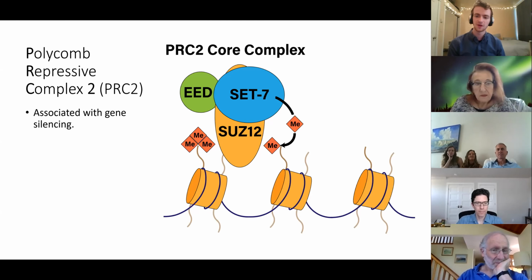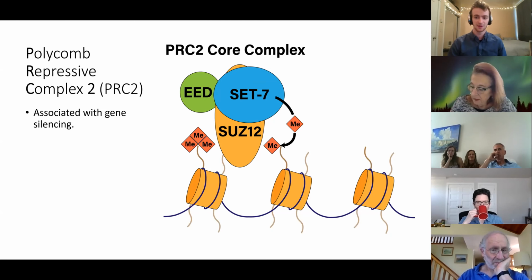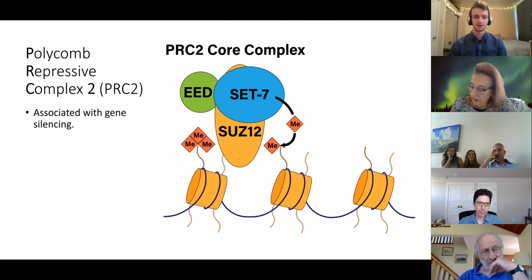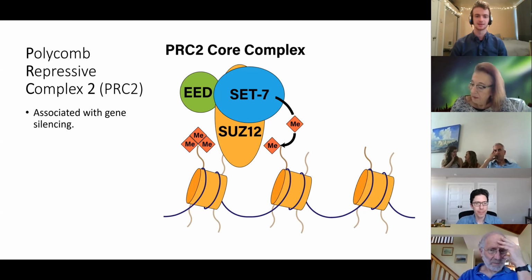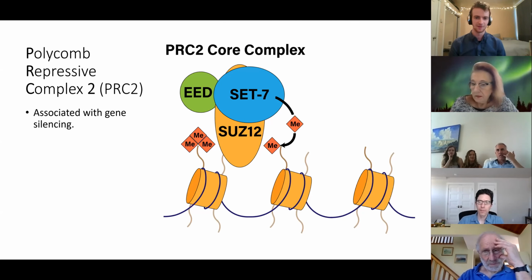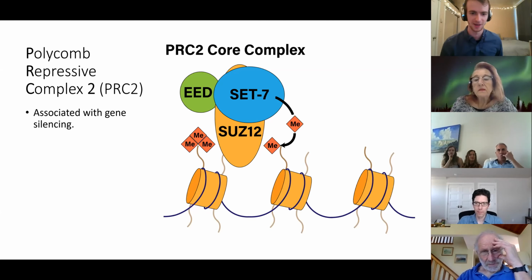It's associated with the deposition of methylation on lysine 27 of histone H3, which is one of those 8 histone subunits that make up the nucleosome. The catalytically active subunit is SET7 in Neurospora, or EZH1 as it is named in humans. As you can see in the image, it is putting methyl groups onto a histone tail.